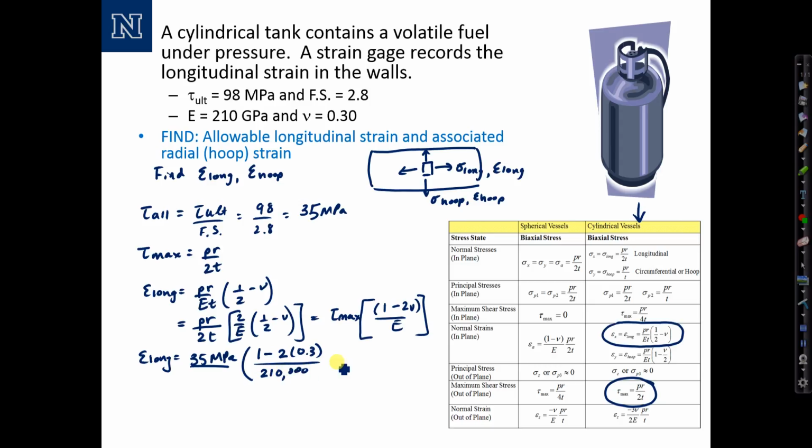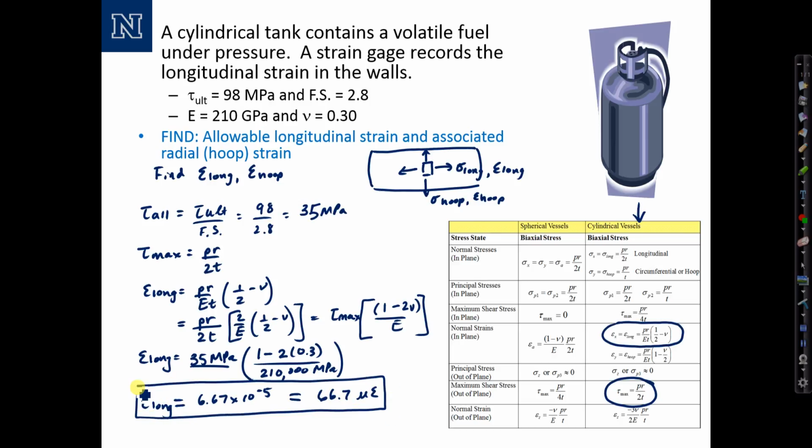We'll multiply that by 1,000 to convert it to megapascals. And this computes to 6.67 times 10 to the minus 5. It's unitless because it's a strain and our stress canceled out. We could rewrite this as 66.7 microstrain if we prefer. So that's the answer for epsilon longitudinal.